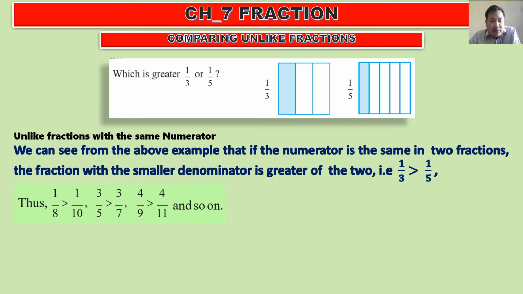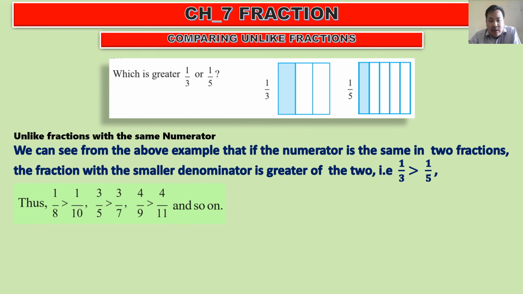You can see here, my dear students, in all these examples, two fractions are being compared. In each pair of fractions that we compare here, they have the same numerators but different denominators. So the smaller the denominator is, the larger the fraction, when the numerators are the same.